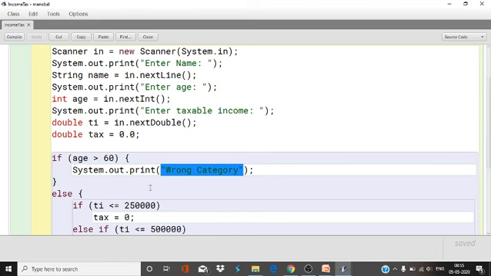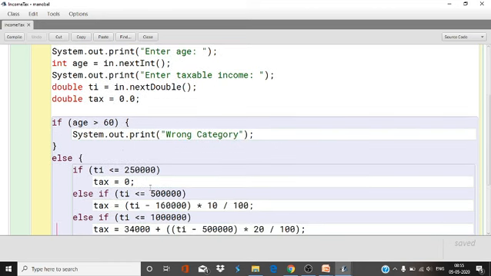Next, else: if it is less than or equal to 60, it will come to the else part. If the taxable income is less than or equal to 2,50,000, the tax is 0. Else if it is less than 5 lakh but greater than 2,50,000, then taxable income minus 1,60,000 into 10%.